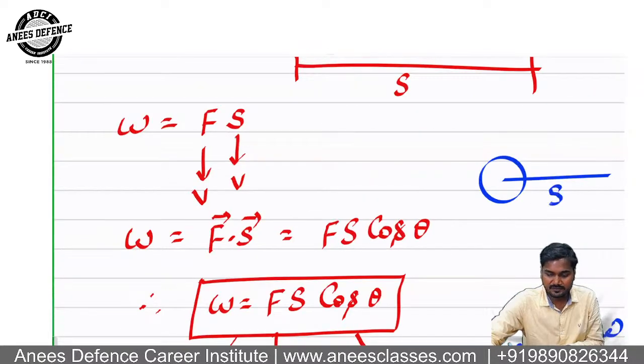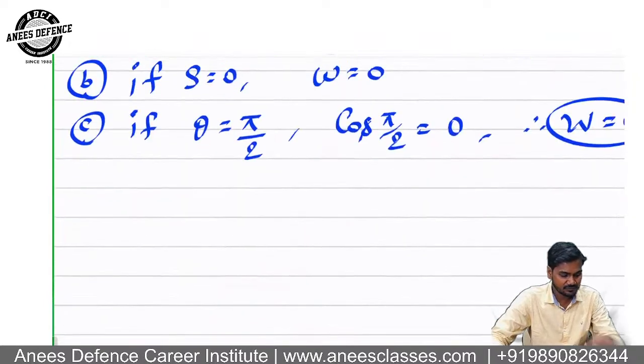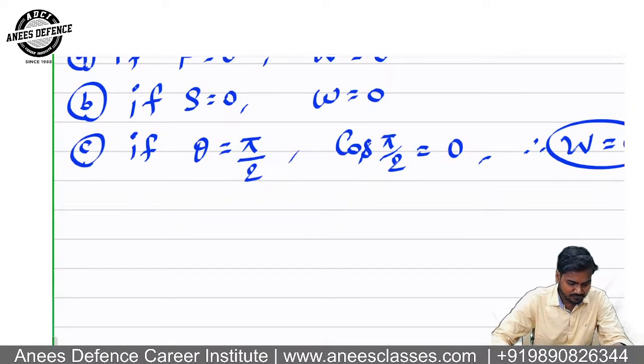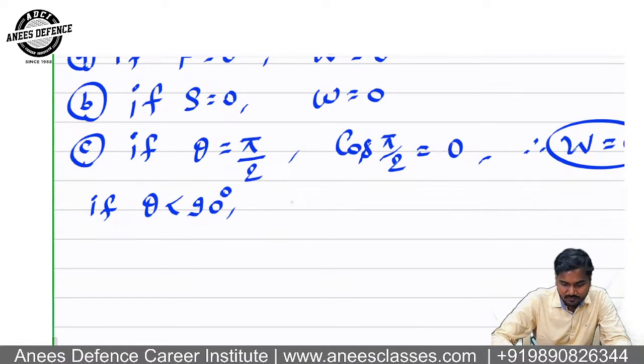Displacement is S, force acting on this object is F, and theta is the angle. Then work done is equal to Fs cos theta, where theta is the angle between force and displacement. If theta is less than 90 degrees, work done is positive.